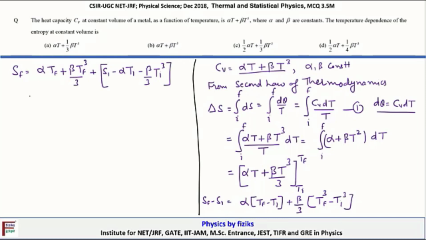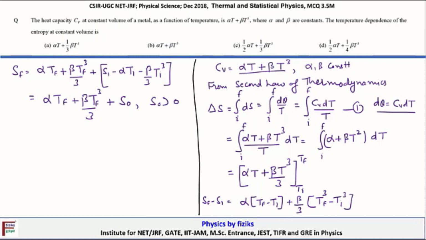So this can be rewritten as S final equals alpha Tf plus beta Tf cube by 3, plus a constant quantity S0, which is going to be greater than 0 at non-zero temperature.